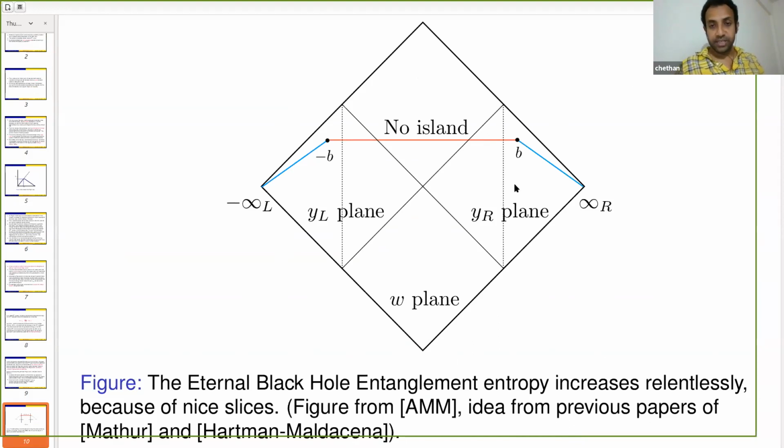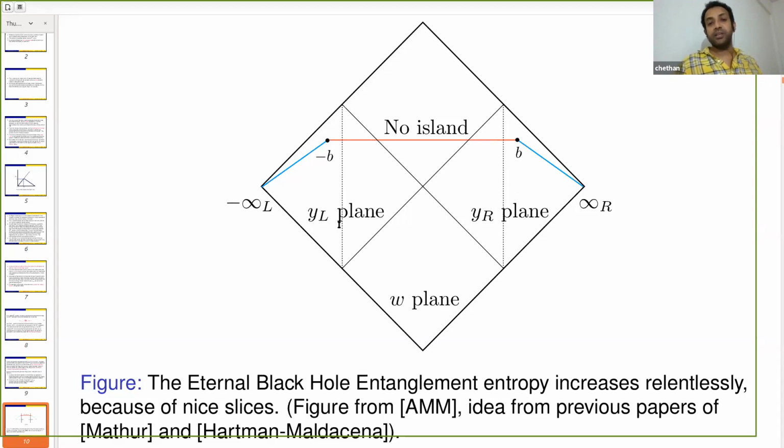Okay, so this is just a picture of what exactly the eternal black hole version of the information paradox means. If you are computing the entanglement entropy of an eternal black hole, coupled to, let's say, a thermal bath or a system at, roughly speaking, a constant temperature, you can compute the entanglement entropy between two asymptotic regions which are of this type.